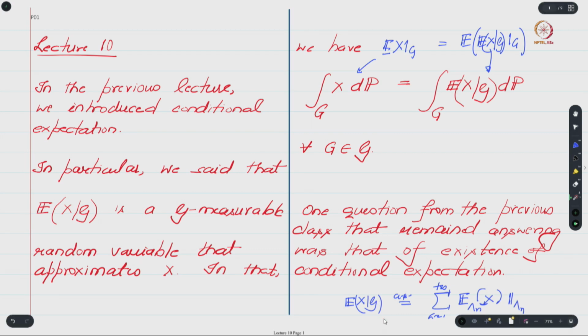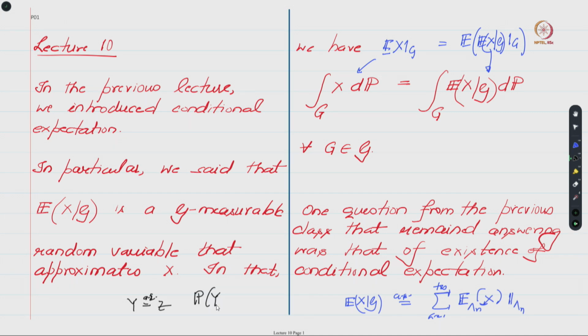Well, you have one random variable over here and one random variable over here, and if you look through the probability textbook by Resnick, you will see that if you have two random variables, let us say Y and Z, which are almost surely the same, which means that the probability of Y not equal to Z is 0.